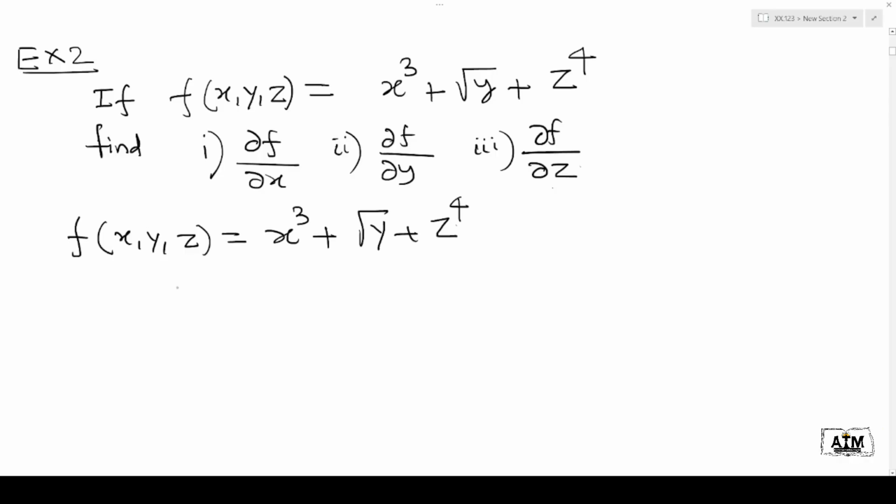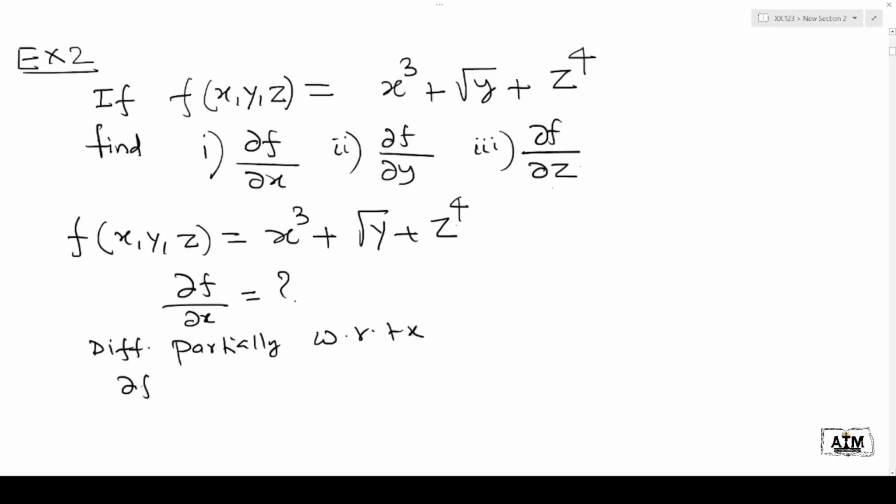First of all, we will find out dou f by dou x, that is the partial derivative of f with respect to x. So differentiating partially with respect to x.